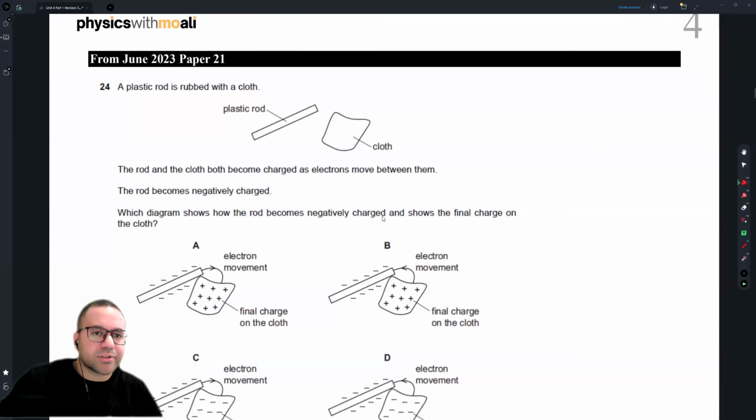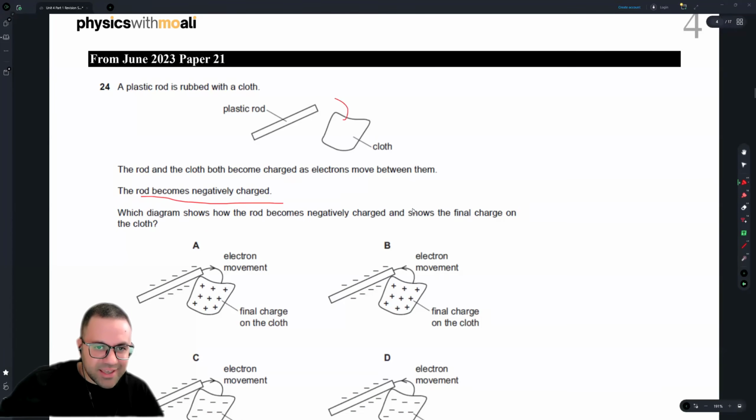A plastic rod is rubbed with a cloth. The rod and cloth become charged as electrons move between them. The rod becomes negative. Which diagram shows how the rod becomes negatively charged and shows the final charge on the cloth? All right. Now, if the rod becomes negative, this means it has gained electrons, which means the cloth becomes positive.